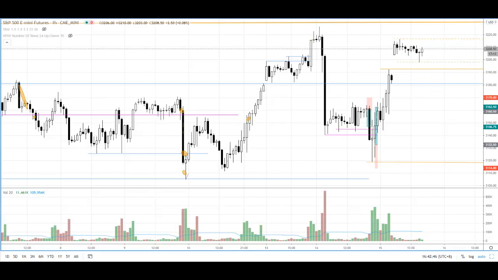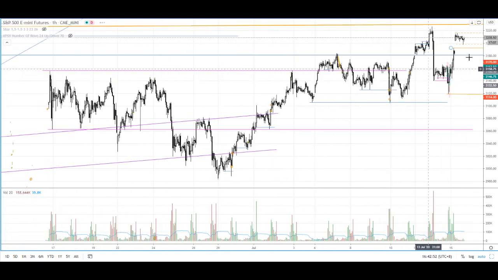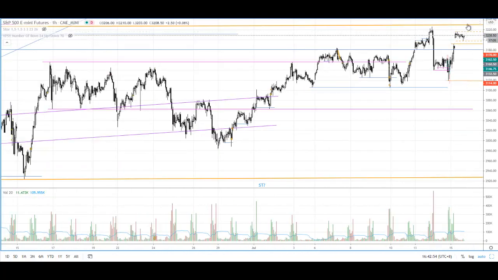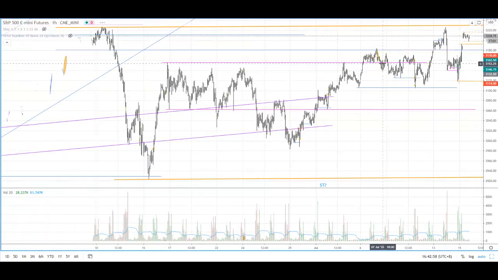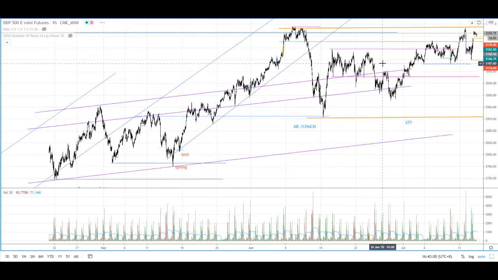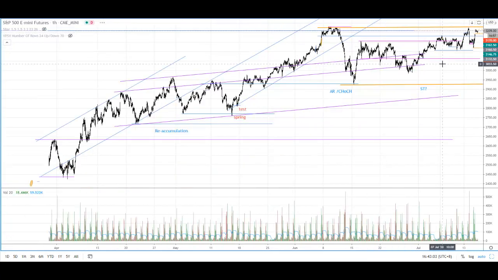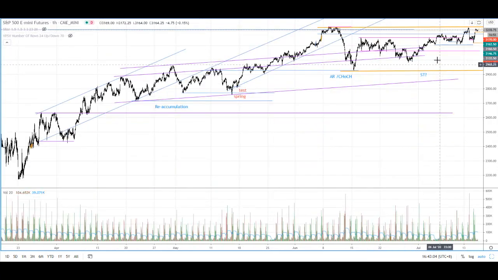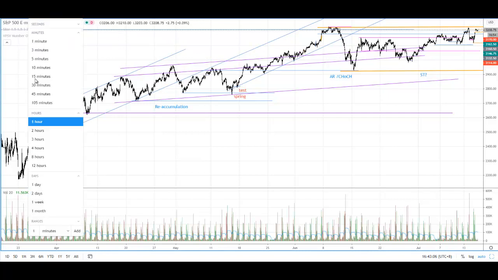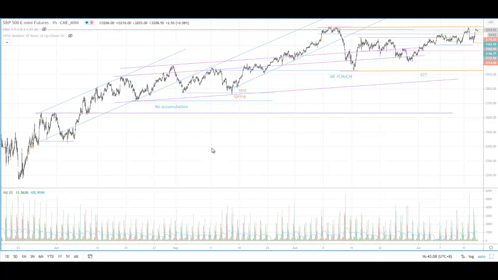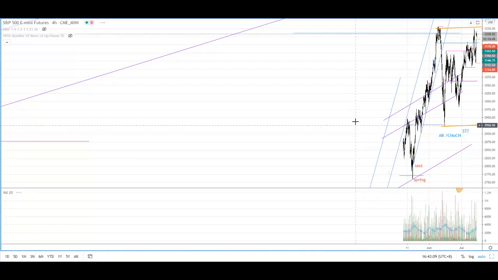All right, so that's the potential setup. Overall, if we are able to see some kind of continuation to the upside, then I'm very sure that we will take out the swing high at 3230 and go on to test the all-time high, or maybe just before the all-time high, where we have another level at around 3310, if I remember correctly.